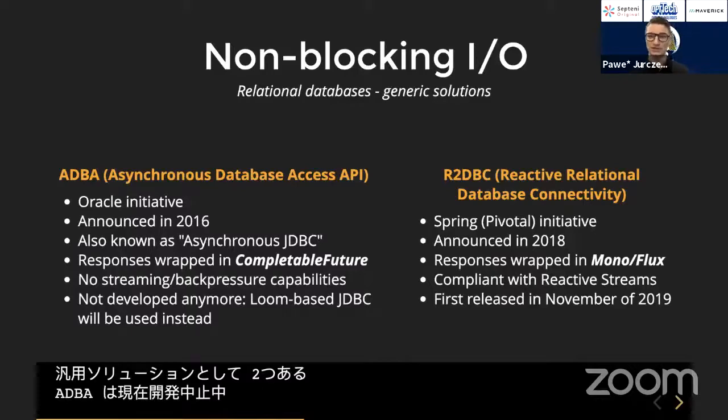Project Reactor on its own is compliant with the Reactive Streams protocol, so it will be very easy in our Scala applications to go from Project Reactor to an FS2 stream, Monix observable, Akka stream, and all of that. The first release of R2DBC was presented in November of last year, and I will show you two examples of using R2DBC.